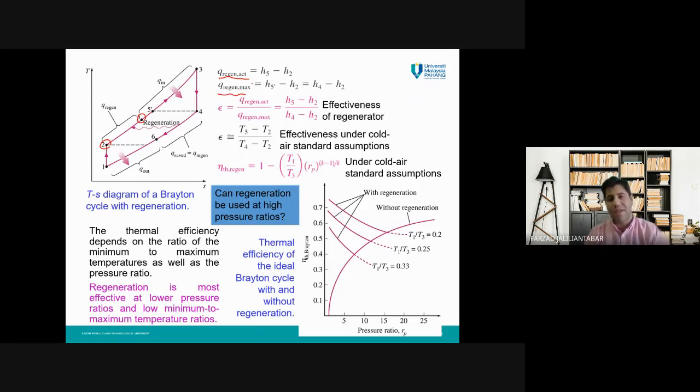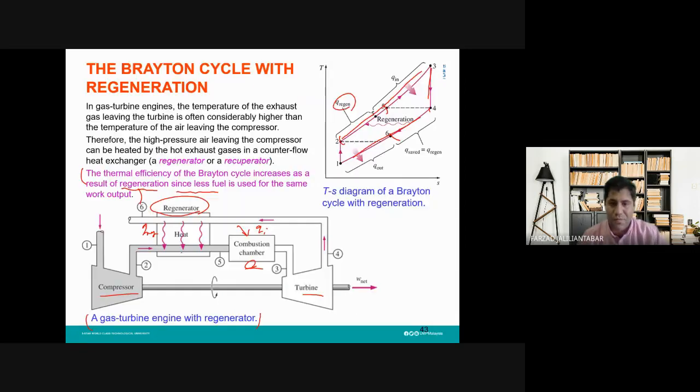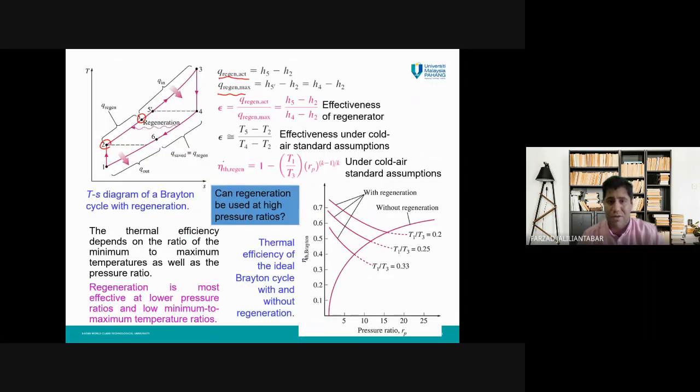We assume that all of the energy which is given to this heat exchanger during this process is given back to the working fluid during this process from state 2 to state 5. But generally, due to the heat loss in the heat exchanger as well, we will have an actual Q regenerated and a maximum Q regenerated.